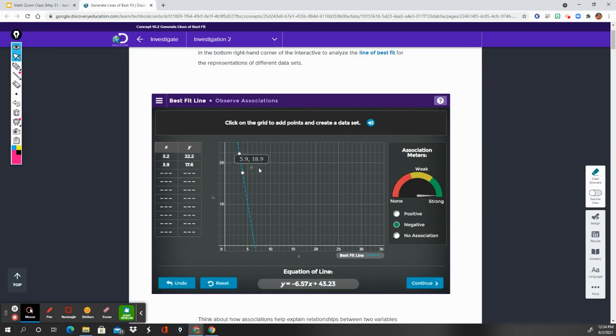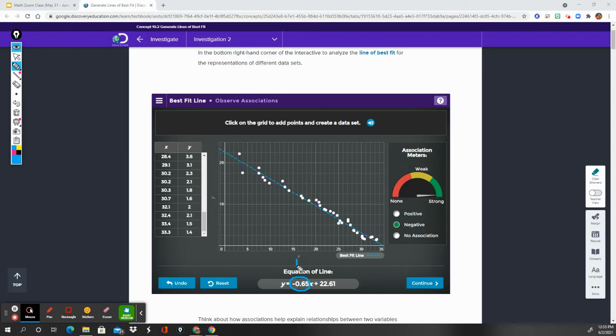I can do down, and you're going to see the closer these are, this is a very strong, strong negative association. You're going to even notice here there's a line, an equation for the line itself. If you remember, we had this is my slope.